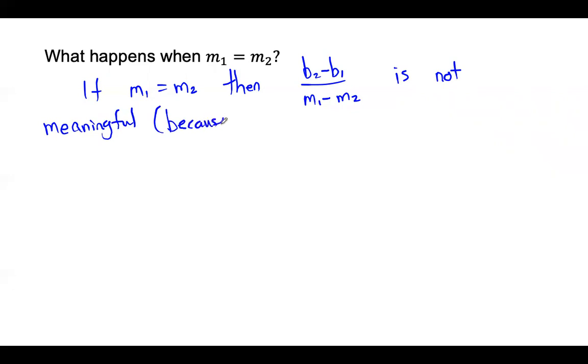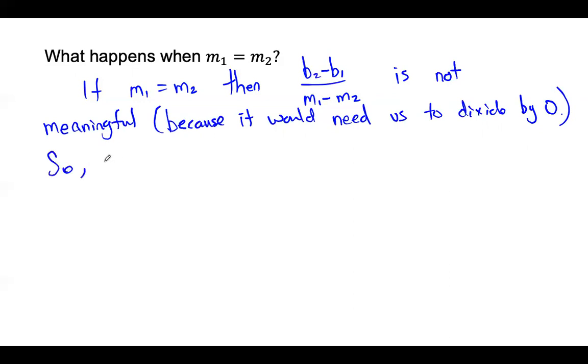Because it would need us to divide by 0, which we don't like doing. So if M1 does equal M2, so if the slopes are equal, then the lines L1 and L2 don't have a point of intersection.